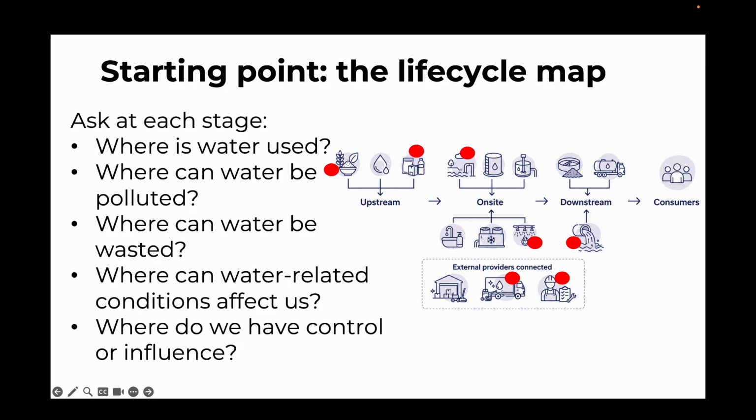Some are direct, so BlueRiver controls them, and some are indirect. BlueRiver may not perform the activity directly, but it may still influence it, and that distinction is important. ISO 14001 does not expect the organization to control everything in the world, but it does expect the organization to understand where it has control or influence.